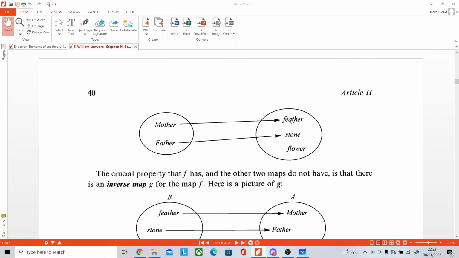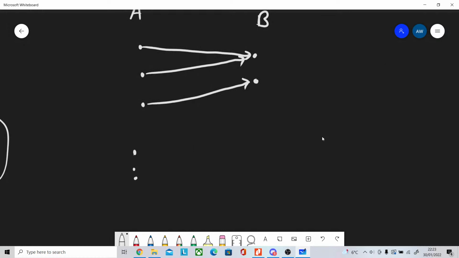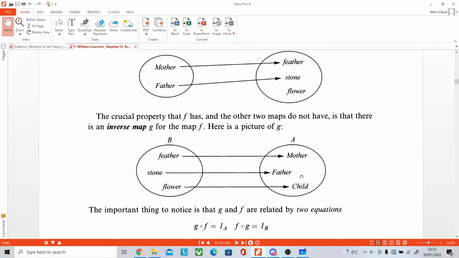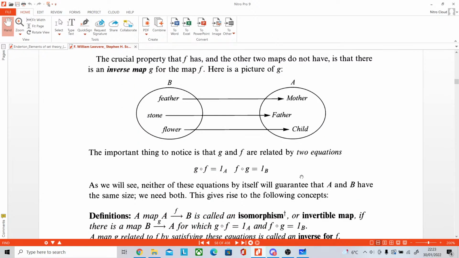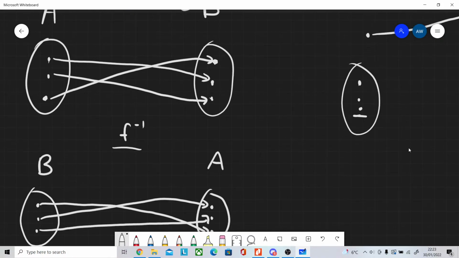It only knows where to send feather, it only knows where to send stone, because they have backward paths, but it doesn't know where to send flower. So this fails to be a function because it didn't succeed in mapping all the elements of the domain to the codomain. It missed out this third final element. So that's the idea of the inverse function.